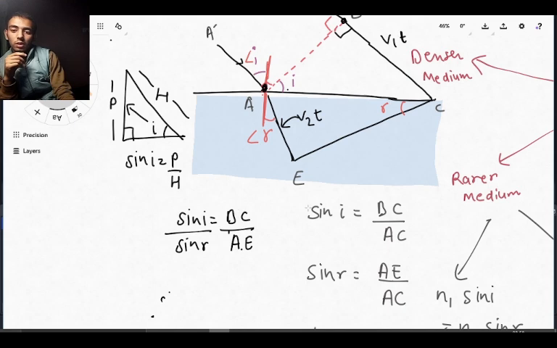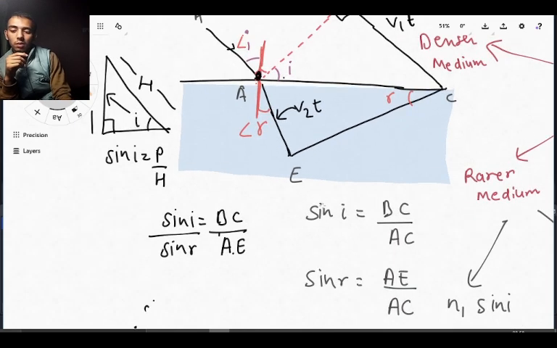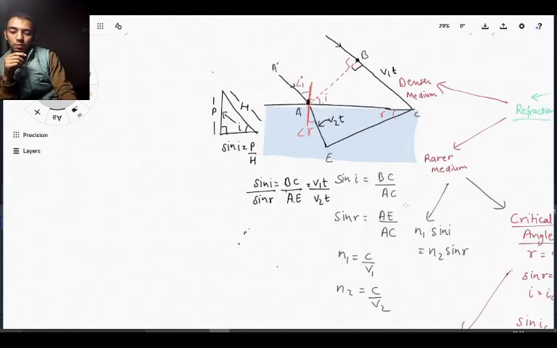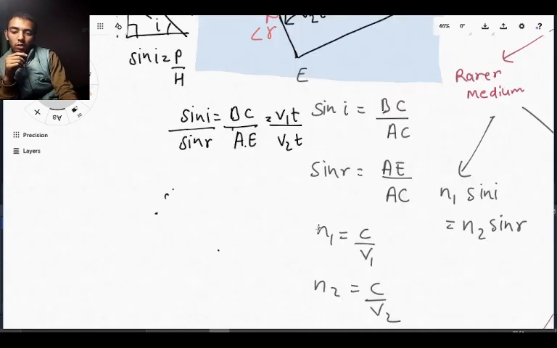Now BC is v1 t and AE is equal to v2 t. So t will be cut, and we get v1 upon v2. Now we know that n1 is equal to c upon v1 and n2 is equal to c upon v2.